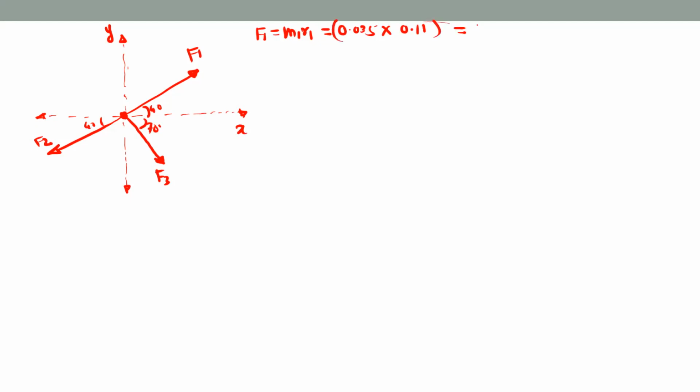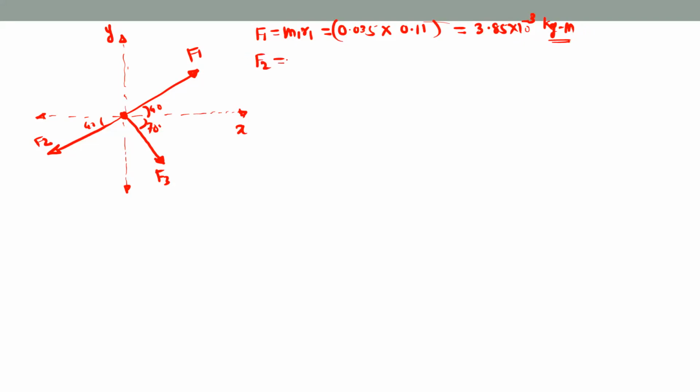So this value is equal to 3.85 into 10 raised to minus 3 kg meter. Okay. So here the unit will be kg meter only. If you multiply this by omega square, then the unit will be Newton. Okay, as we are neglecting omega square, just take kg meter.